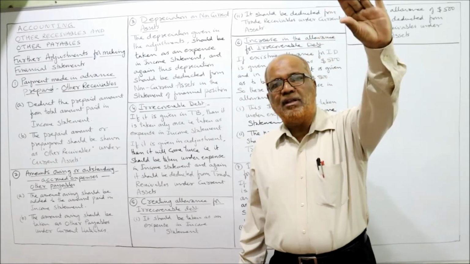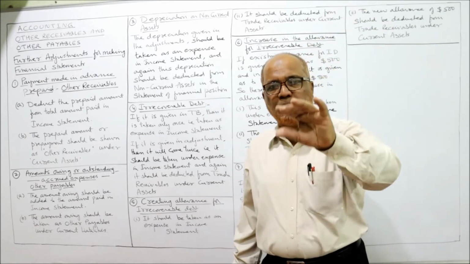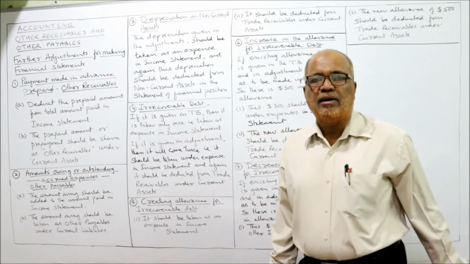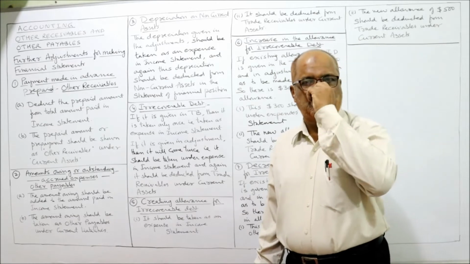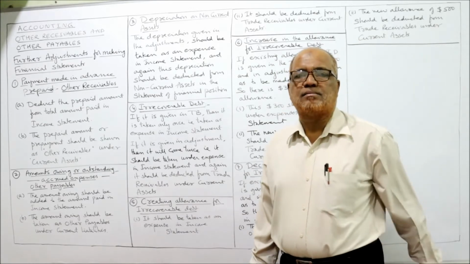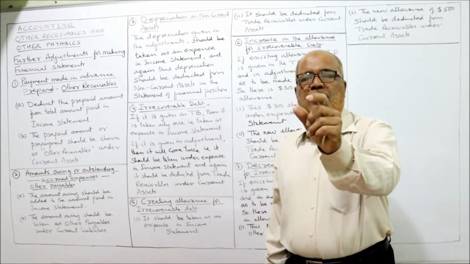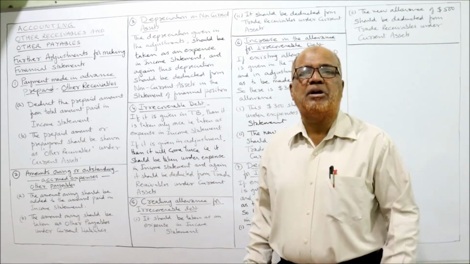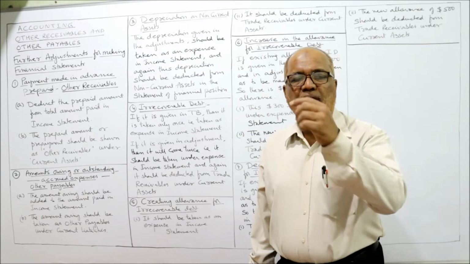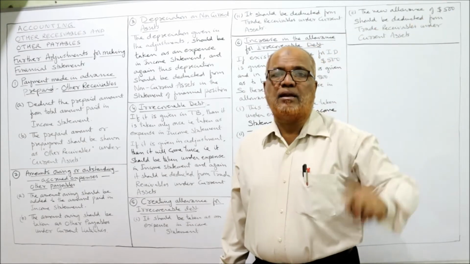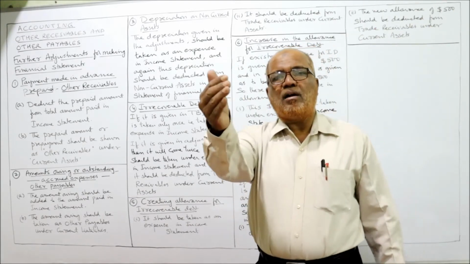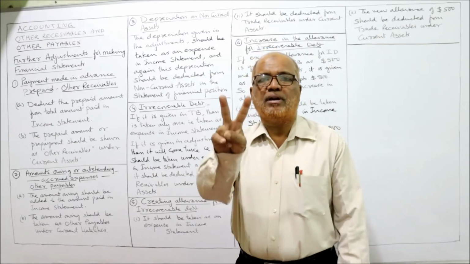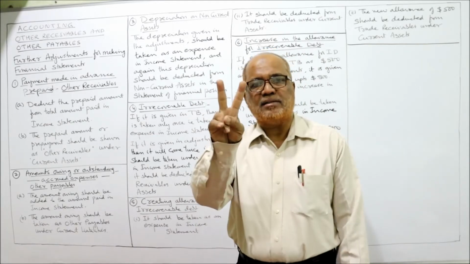Irrecoverable debt may be given in the trial balance, or irrecoverable debt may be given in the adjustment. If the irrecoverable debt is given in the trial balance, it will appear only once. This irrecoverable debt will be taken under expenses in the income statement. That's it. Sometimes irrecoverable debt is given in the adjustment. It will be taken twice.